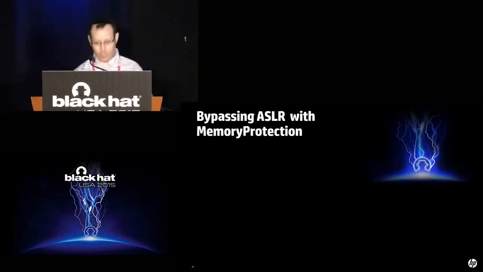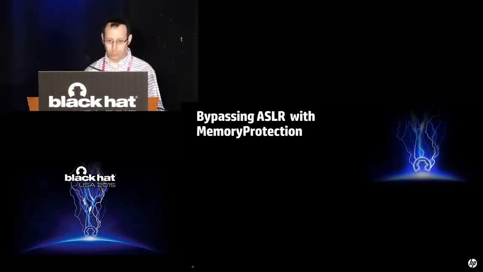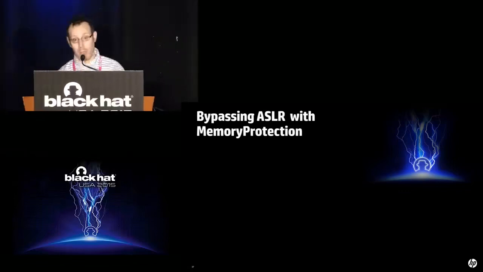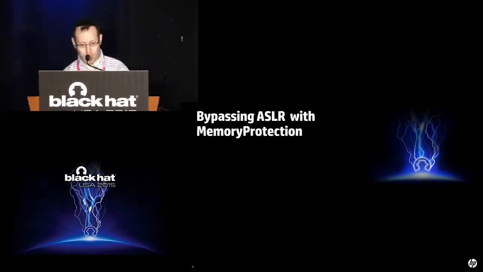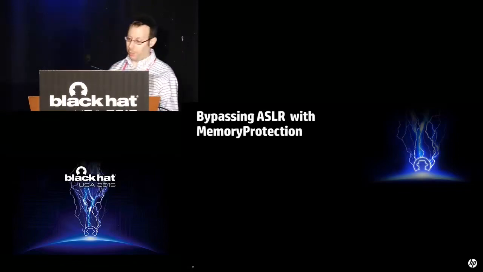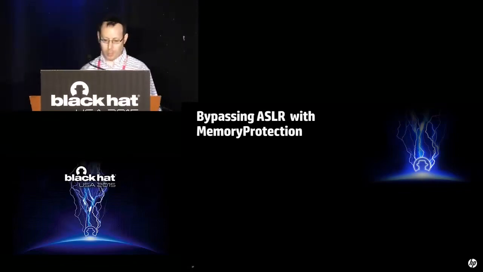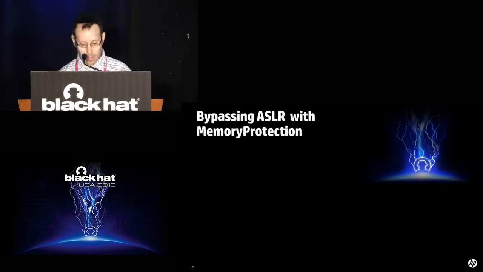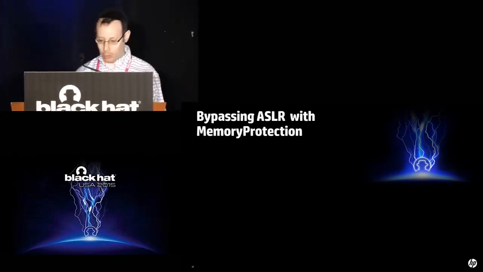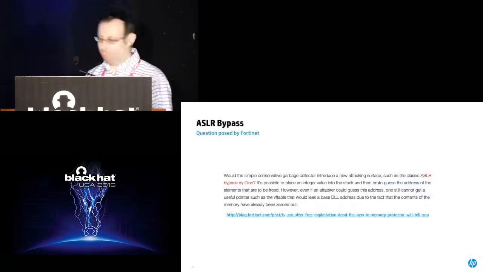In this section, we're going to talk about how we were able to abuse memory protection to get a bypass of ASLR. After I got comfortable with making precision modifications to the memory protection state, I went back and started thinking some more about something I'd read in a blog from Fortinet back in July of 2014.